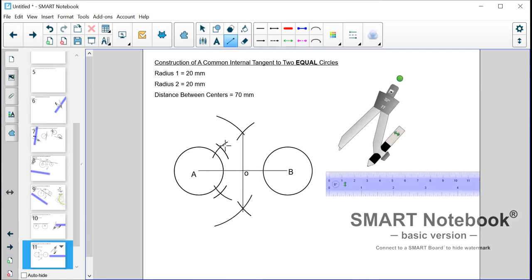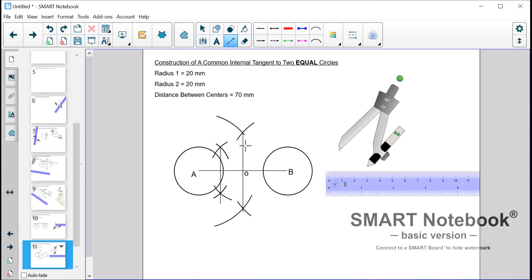Now, when you finish with that, you draw the line to pass through the two intersections. Now the line may intersect the circle, and nothing is wrong with that.